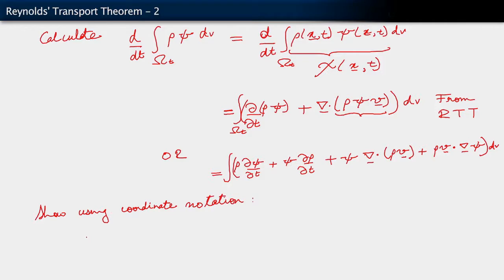What we're considering here is the term divergence of rho psi v. Rho and psi are scalars, v is a vector, so this is just the derivative with respect to x sub i of rho psi v sub i.